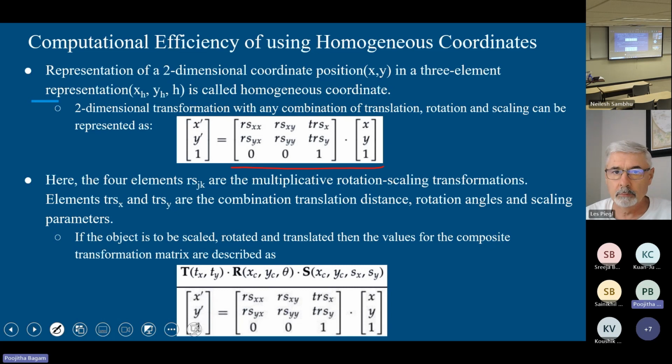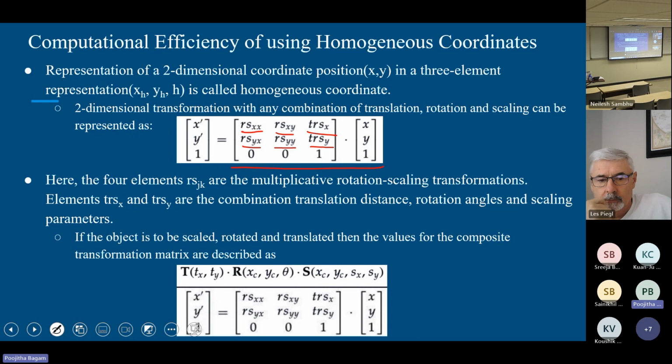See, so here the four elements, those are rSxx, rSxy, rSyx, rSyy, the multiplicative rotation scaling transformations. And elements trSx and trSy are the combination of translation, rotation, and scaling parameters.